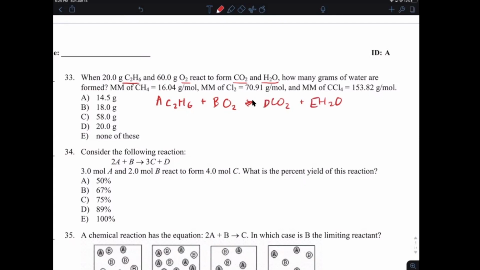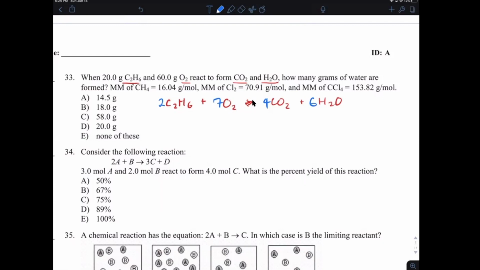Yeah, perfect. This should be a 2, this should be a 7, this should be a 4, and this should be a 6. So if we do that, we have 14 O's and then 4 C's and then 12 H's on both sides.